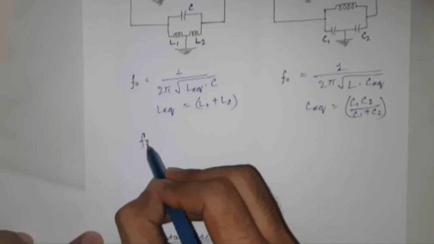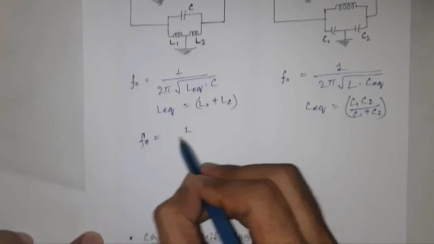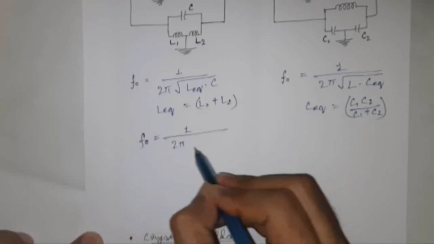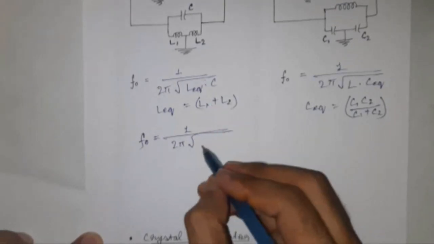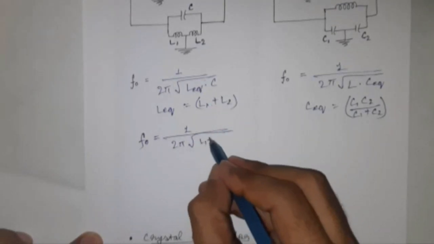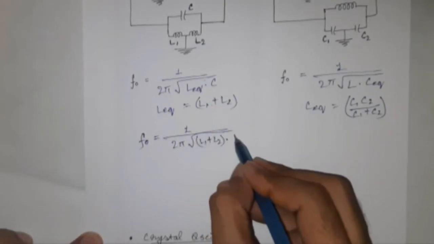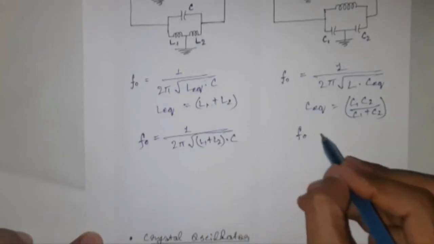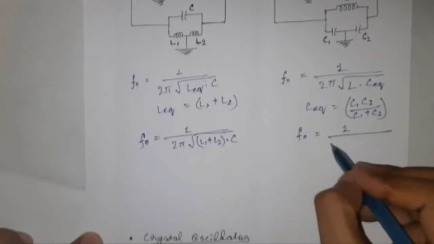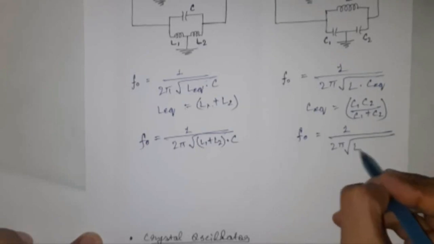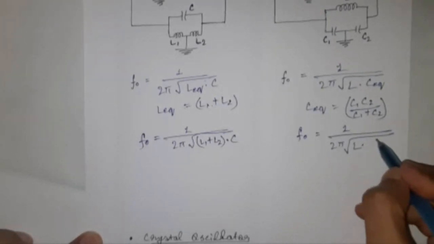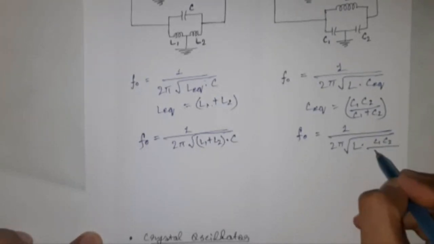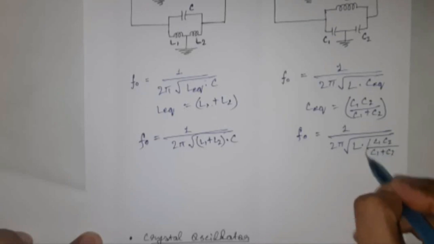So we can write F0 equal to 1 by 2 pi. Now putting this value in place of L equivalent, we get L1 plus L2 into C, and here we get 1 by 2 pi under root L, replacing C equivalent by C1 C2 upon C1 plus C2.